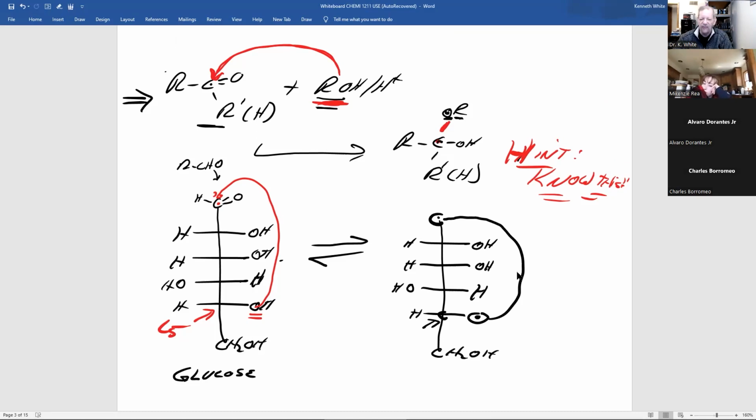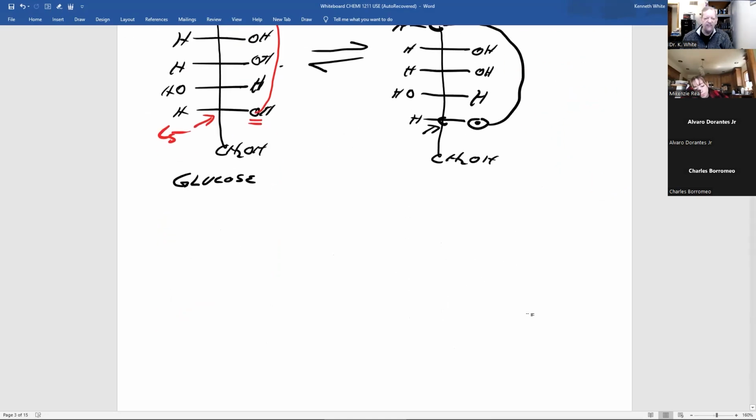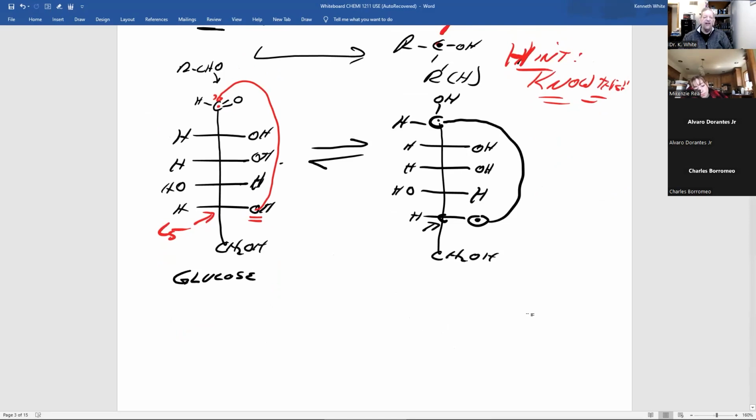And on this carbon right here will be a hydrogen and hydroxyl group. And you should know how to do this. On a test, if I give you the structure of glucose and this double equilibrium arrow, you should know how to draw the structure for the cyclic form of glucose.